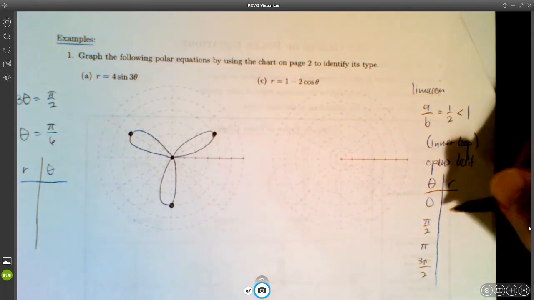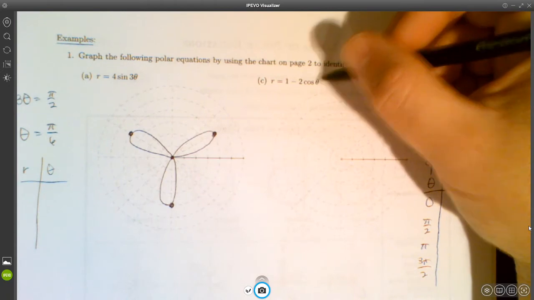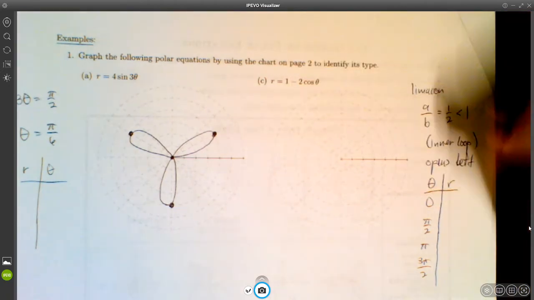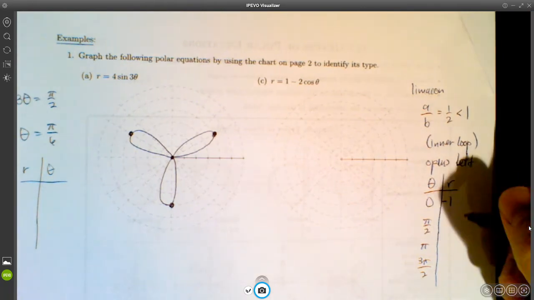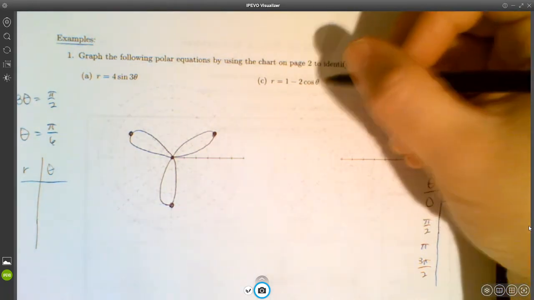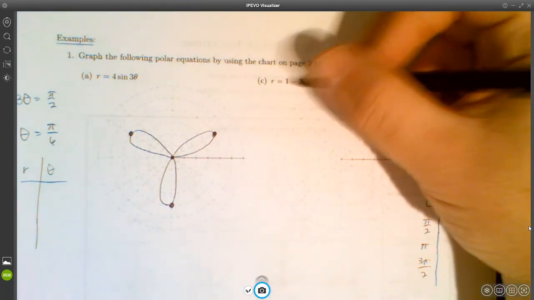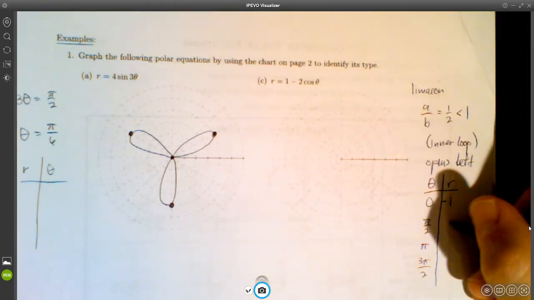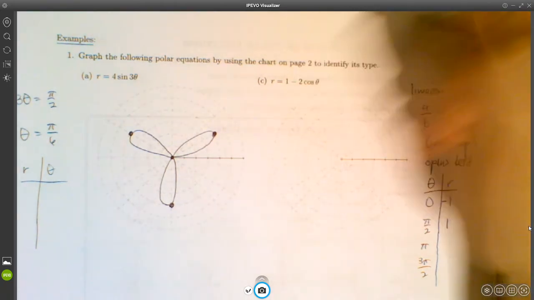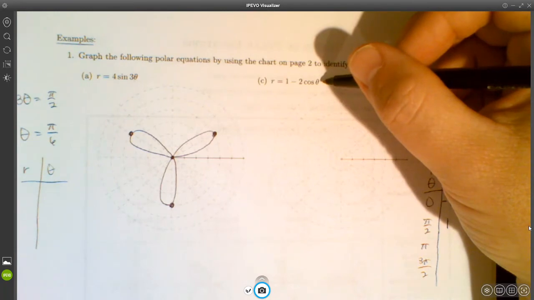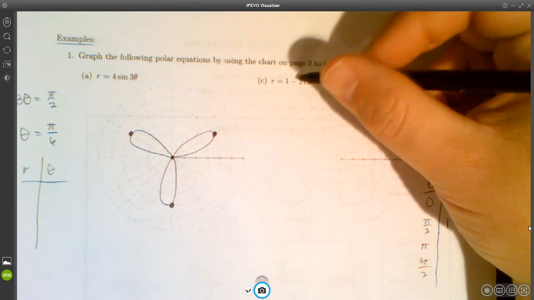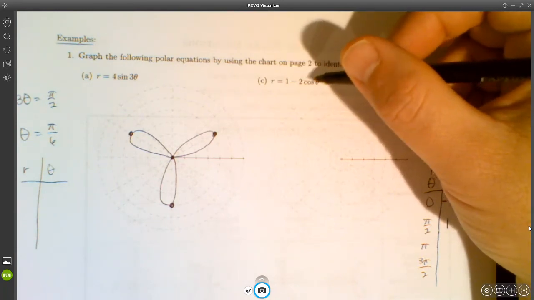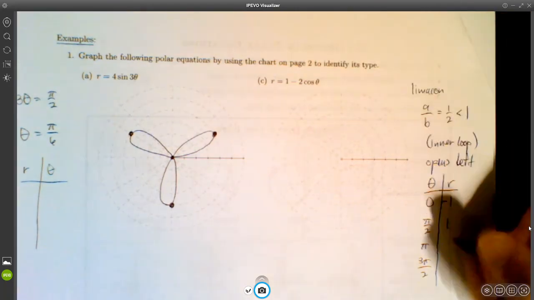If I plug in 0, cosine 0 is 1, 2 times 1 is 2, 1 minus 2 is negative 1. If I plug in pi over 2, cosine pi over 2 is 0, 2 times 0 is 0, 1 minus 0 is positive 1. If I plug in pi, cosine pi is negative 1, negative 2 times negative 1 is positive 2, and 1 plus 2 is 3.